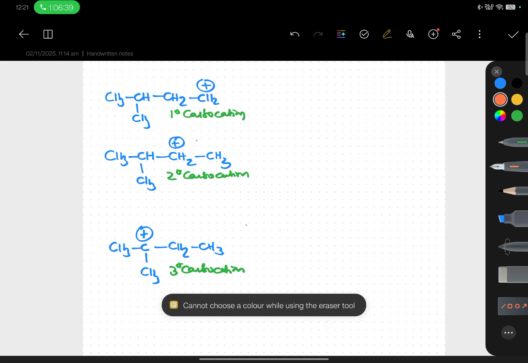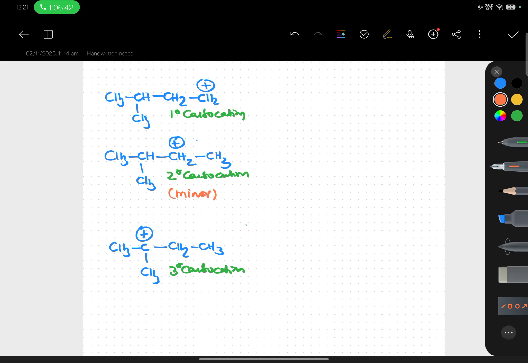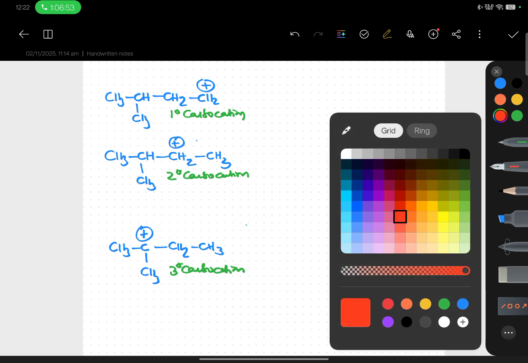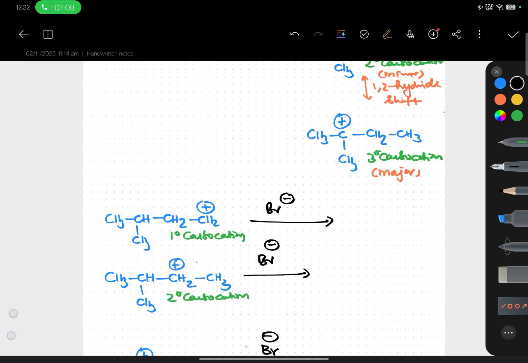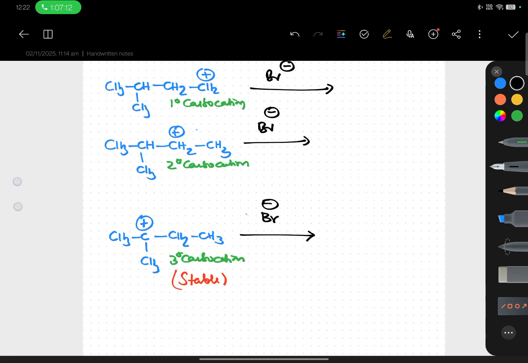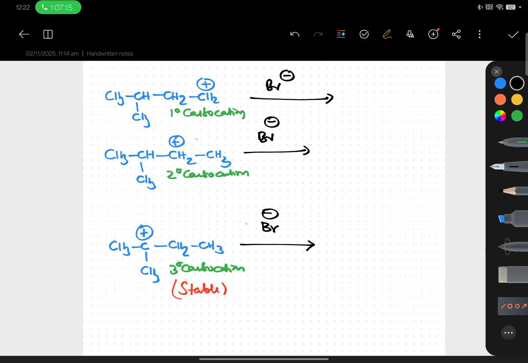So we know this is minor, this is major, or you can simply say this is more stable, correct? So now to this you add bromide ion. So what will you get?